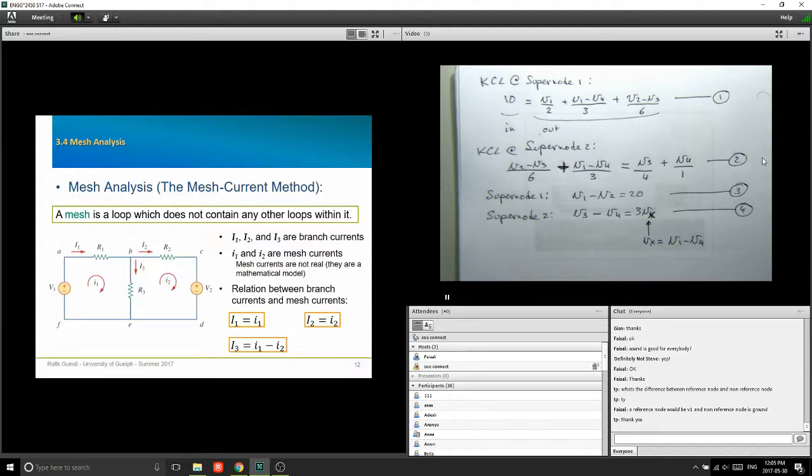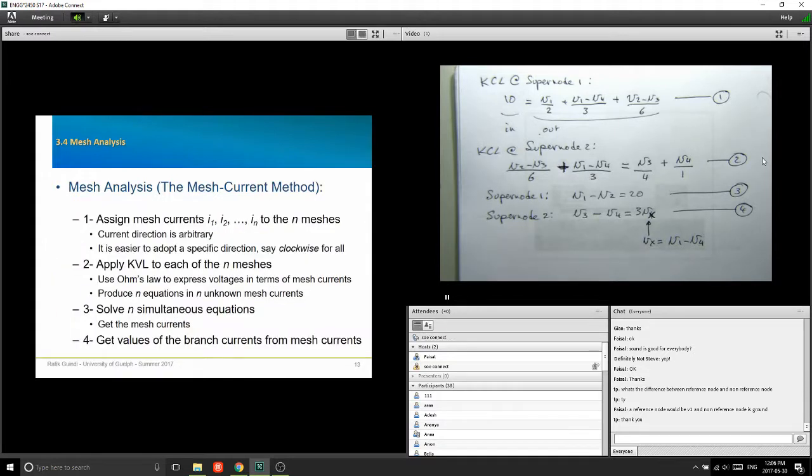Now, the idea is I3 is flowing in the same direction as small I1, and small I2 is flowing in the opposite direction. So I3 is equal to small I1 minus small I2, okay? Because the difference between these two mesh currents is going to be a current in the direction of capital I1, okay? So this is how you do that. You have to be careful with the direction of flow of your currents when you're doing that.